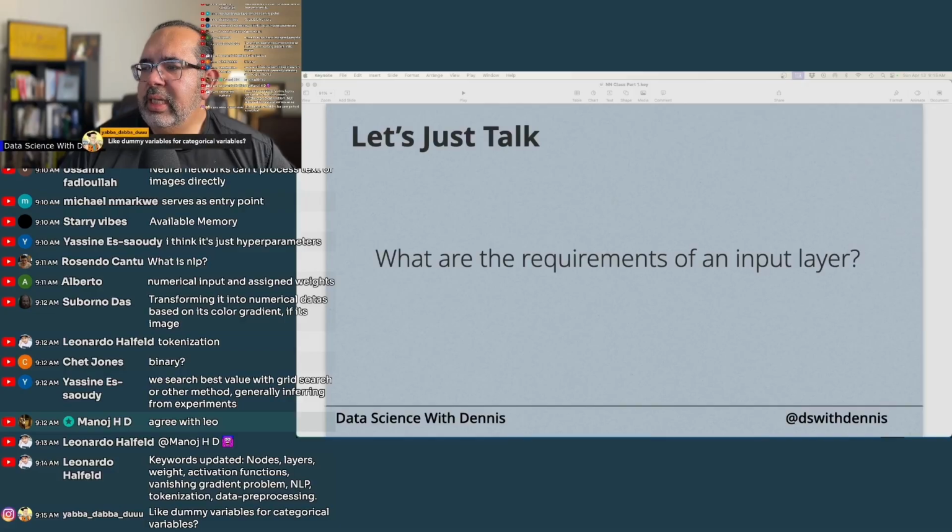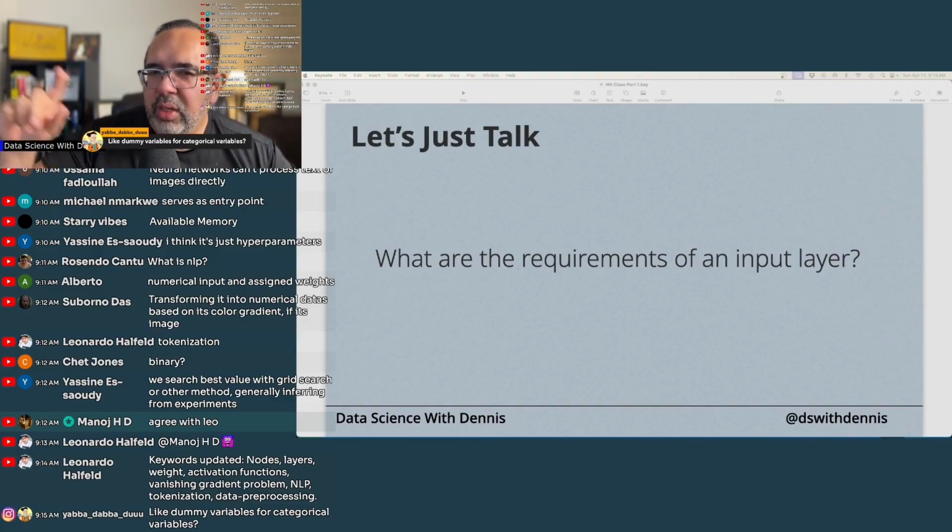Yabba says like dummy variables for categorical variables. Yes, Yabba, that's not a bad parallel, except that you can have so many more of them, right? For example, tokenization involves using what's known as a dictionary in NLP. And a dictionary would be like the same lookup as dummy variables, except there's a lot of them, right?